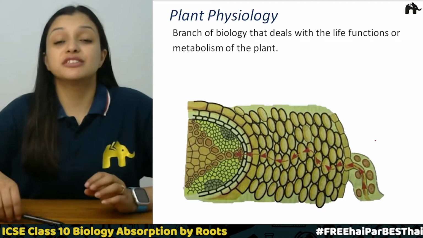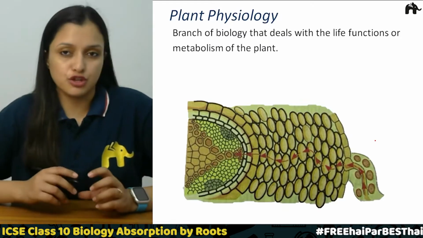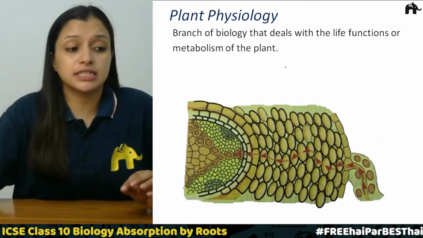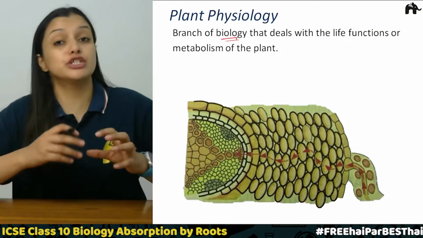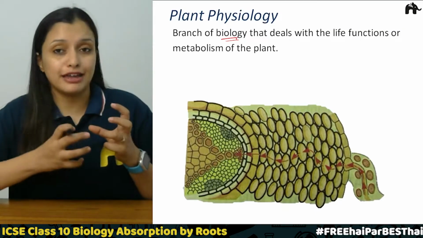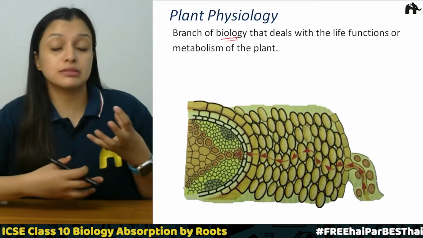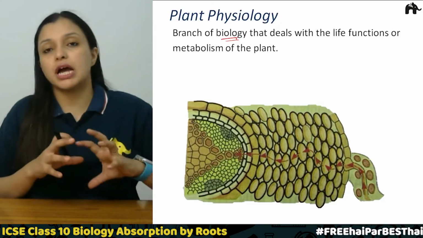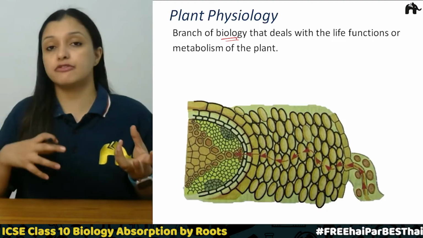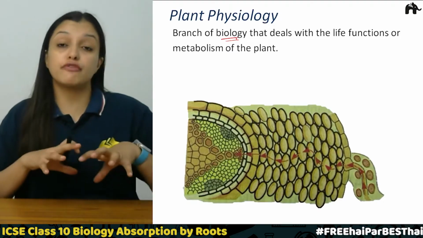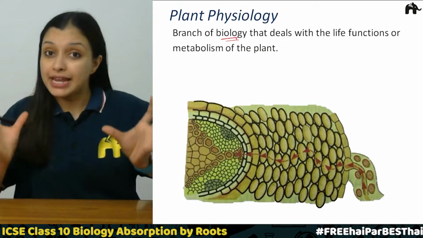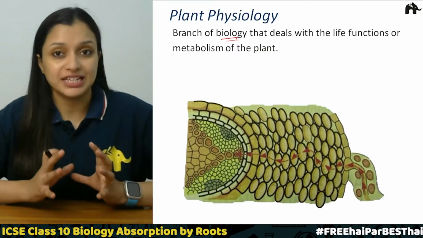So starting with the first topic, that is plant physiology. So what is plant physiology? So basically it is a branch of biology which deals with the life functions or the metabolism that is taking place inside the plants. So we are talking about the functioning of the cell, the functioning of an organ, the functioning of an organ system, or the functioning of an organism as a whole. Correct?